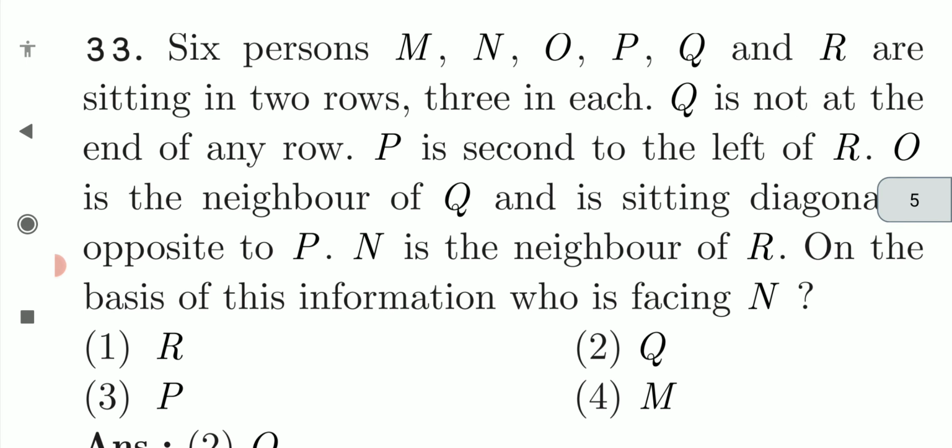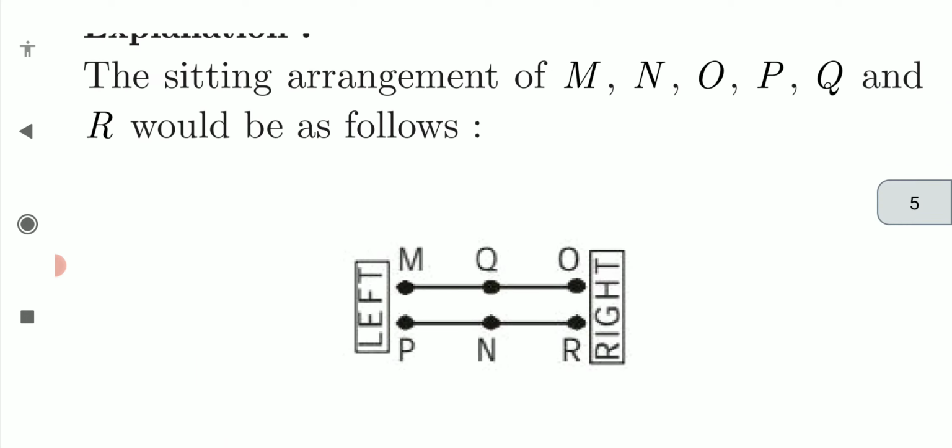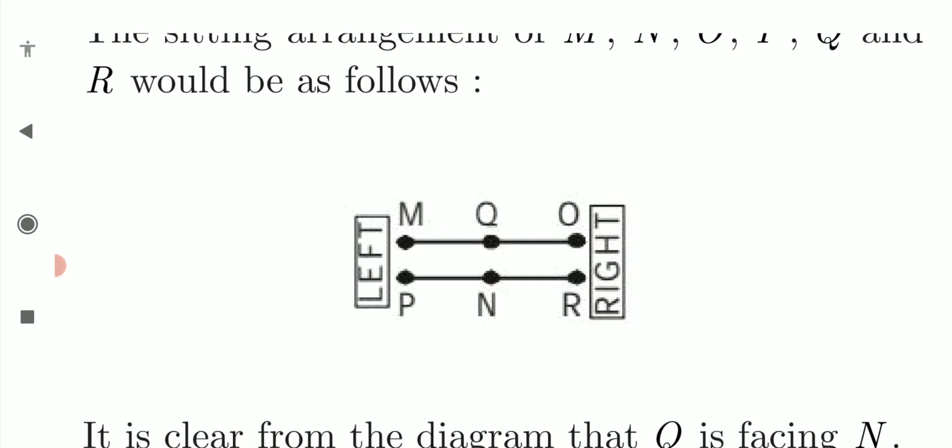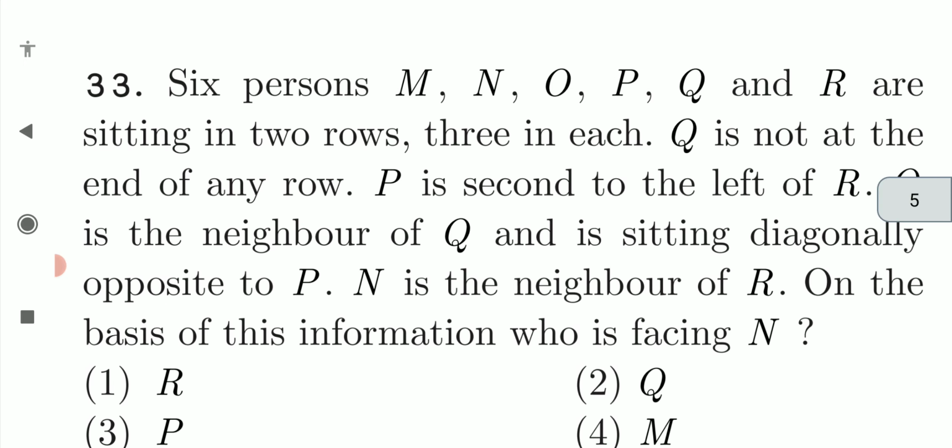Then, P is second to the left of R. First draw R, and then P is second to the left of R. Actually, at first itself we can't find the exact image. Going through the process only will give you that image.